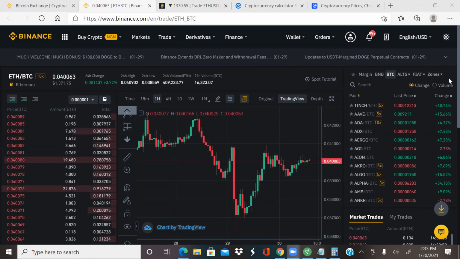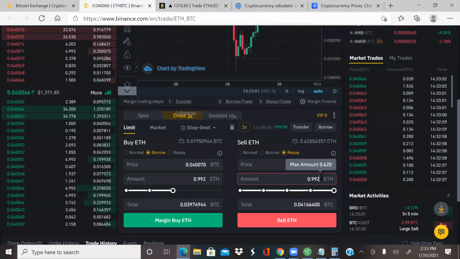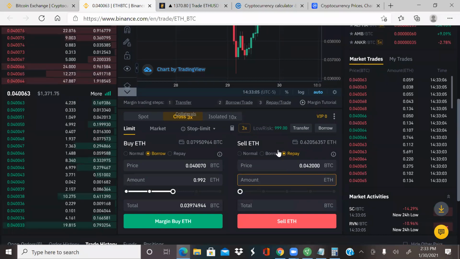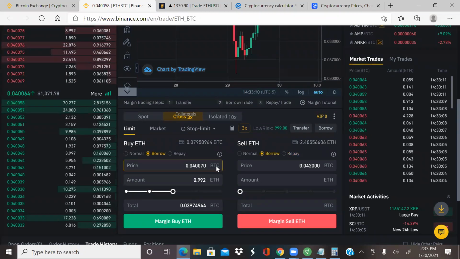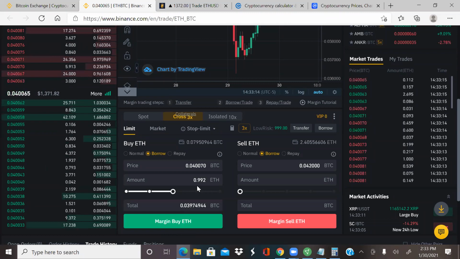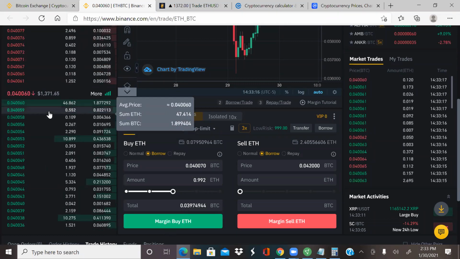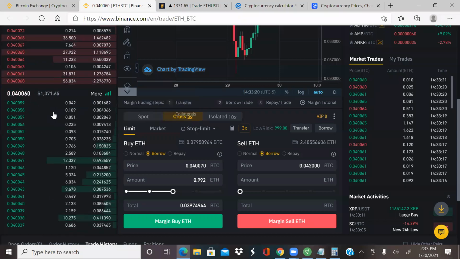Okay, let me explain. You already bought a coin. It's automatic. It is the system that will automatically calculate it, not you. For example, let's say you buy Ethereum now at 40,000 Satoshi. Can you see my screen? Yes, I can see that. Okay, now let's say I bought at 40,000.